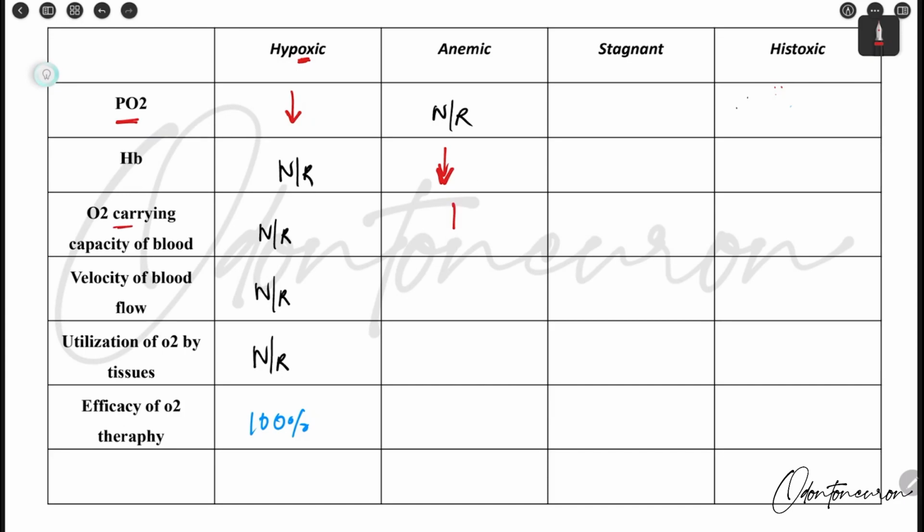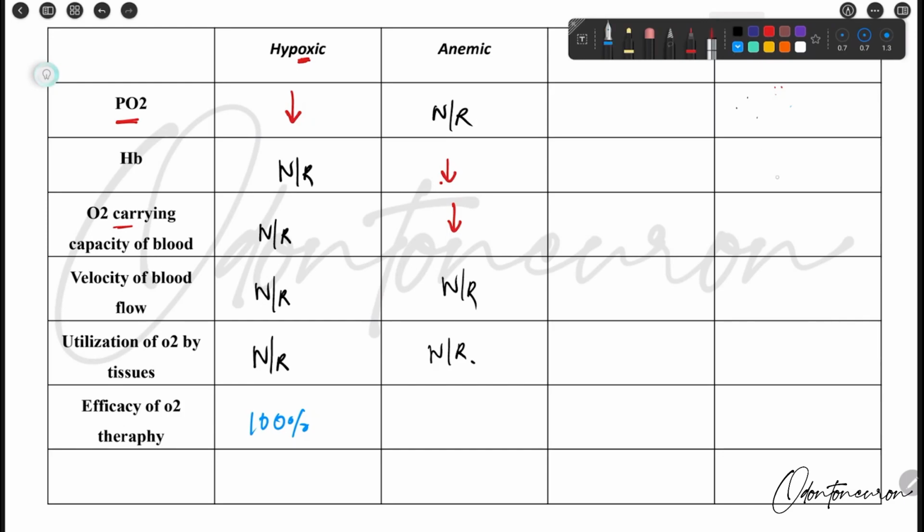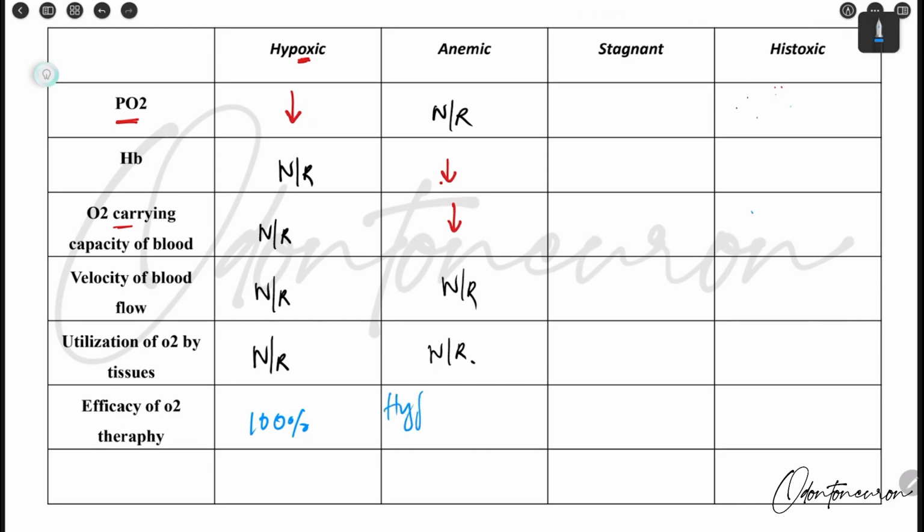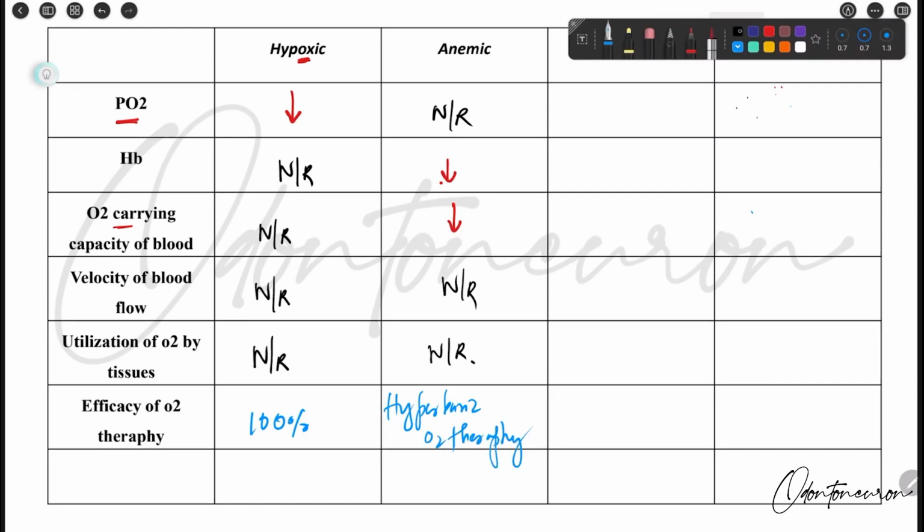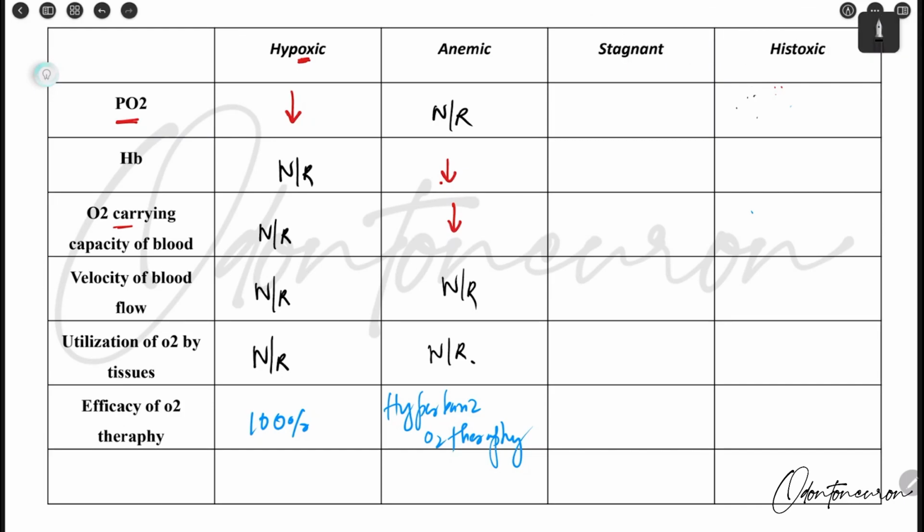That will also be reduced. Velocity of blood flow, everything else is normal here. Now, what is the treatment of choice? Hyperbaric oxygen therapy. Clear?